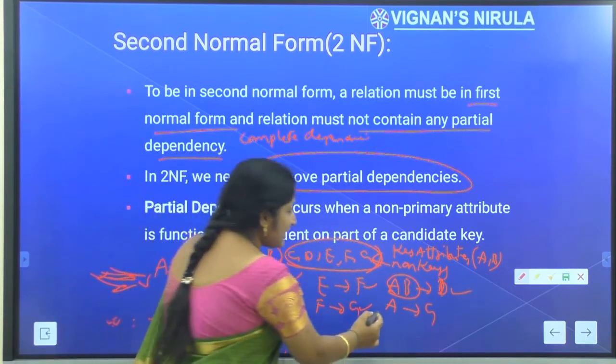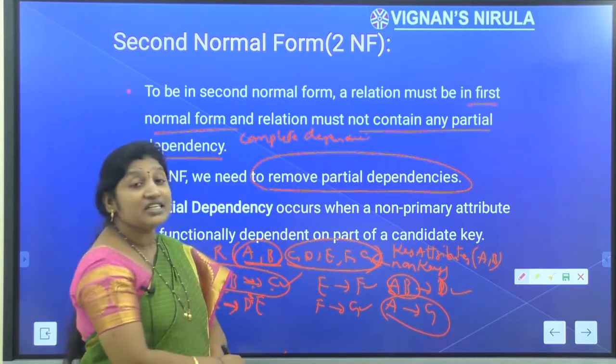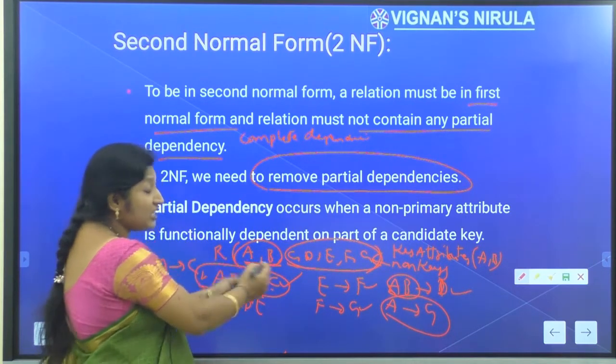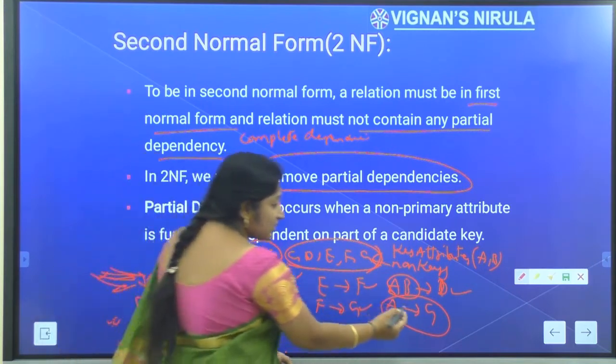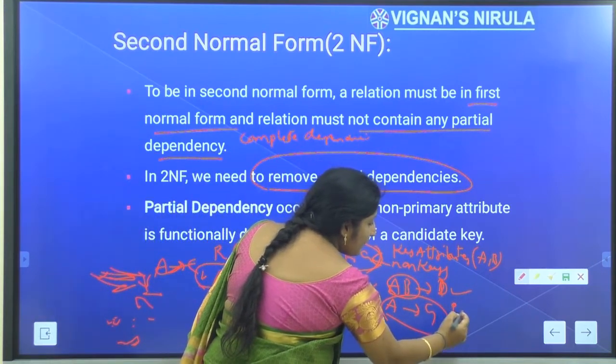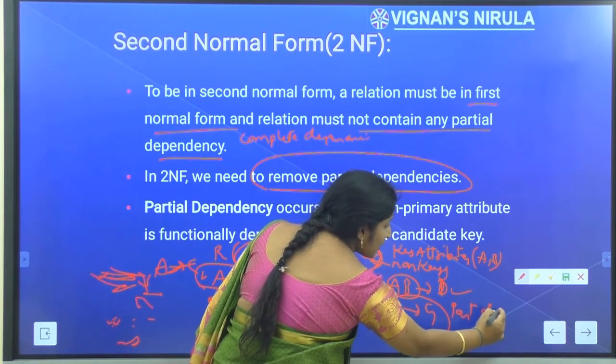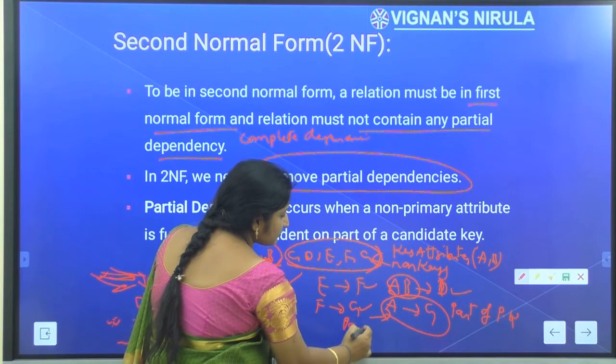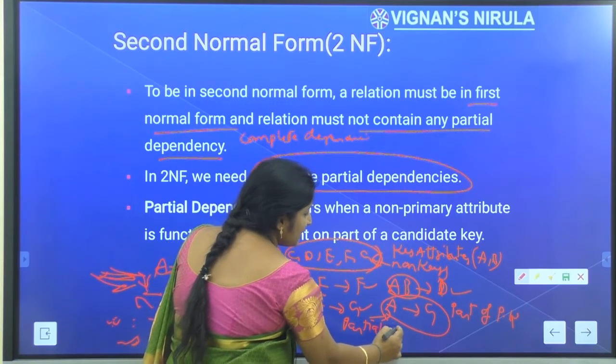Now A implies G. G is dependent only on A, whereas the primary key is AB, so G is dependent only on part of the primary key. This type of FDs are called partial FDs.